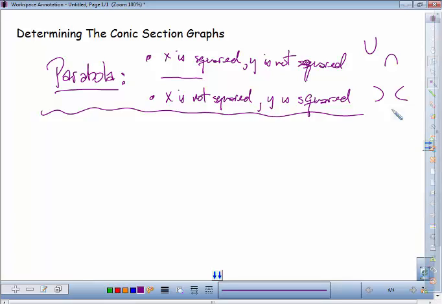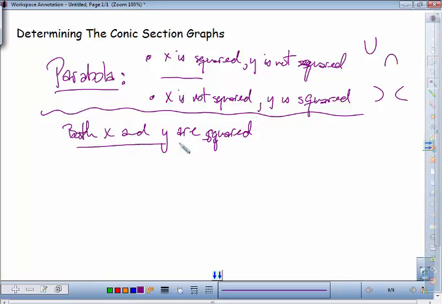So for an ellipse and a hyperbola, both x and y are squared. And when they're both squared, it doesn't matter which side they're on, but ideally you want all the variables on one side, so that you can start identifying this a little bit better.